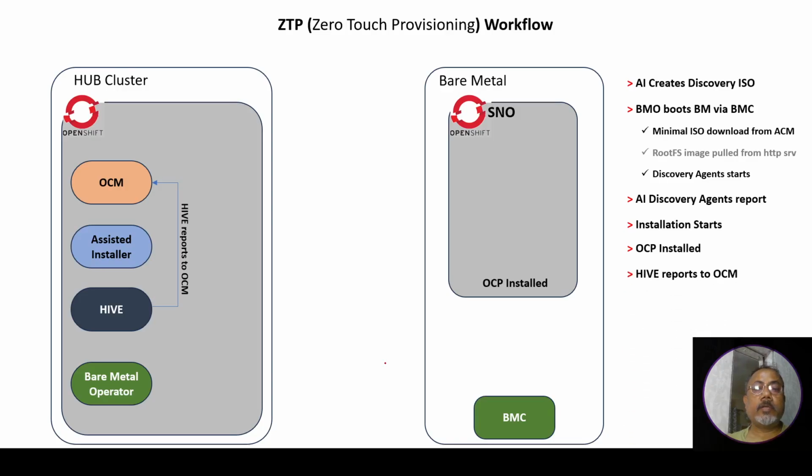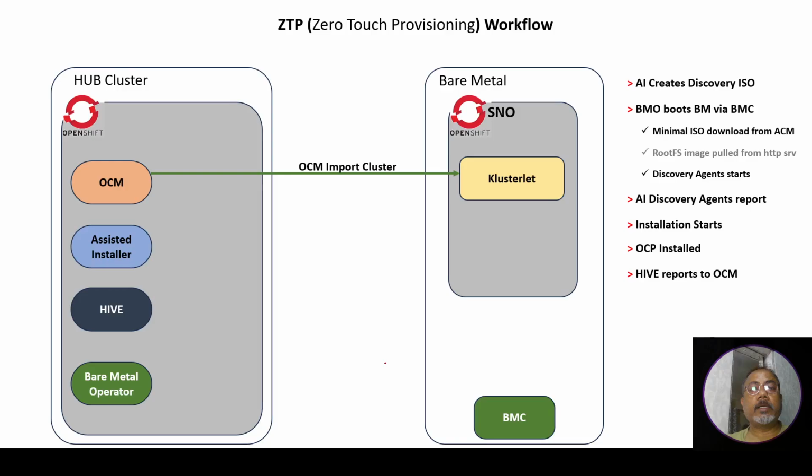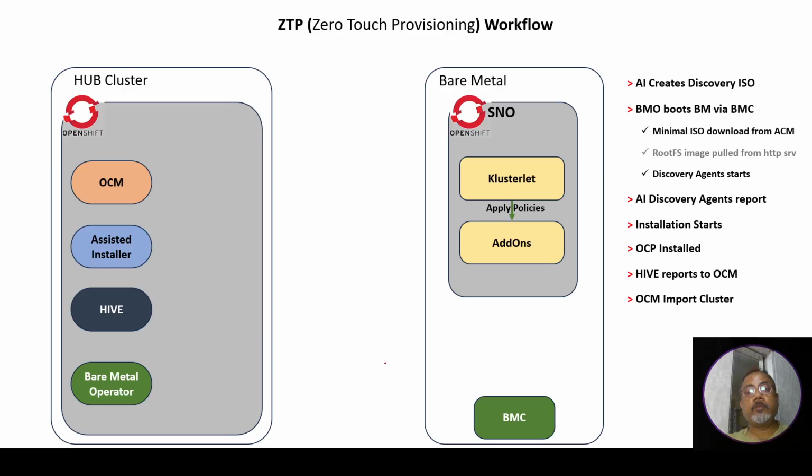After that OCM will take care of the cluster set, and using the cluster set, import that cluster and deploy that policy on it. Apply that policy, add-ons policy if you want to add something like that.